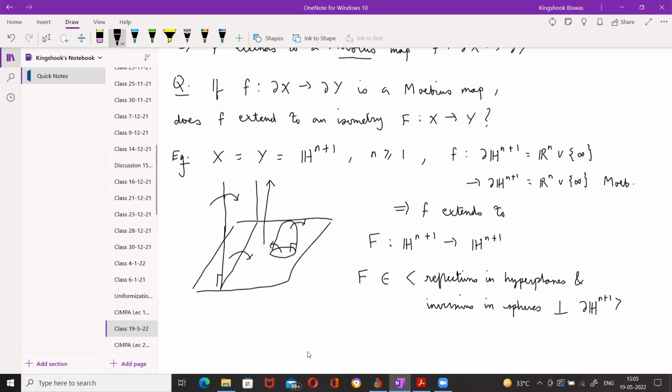Okay, so this is a subgroup of the Mobius group in n plus 1 dimensions, right?